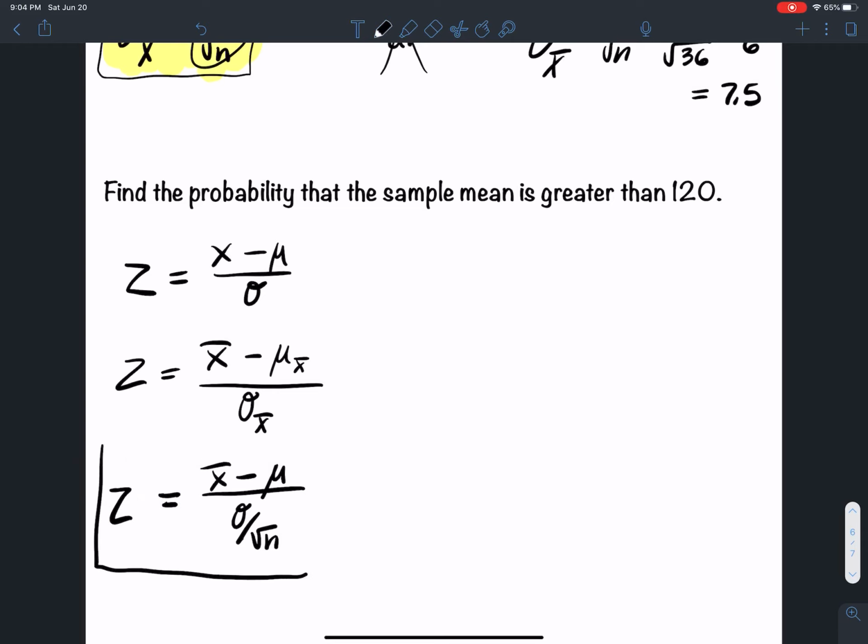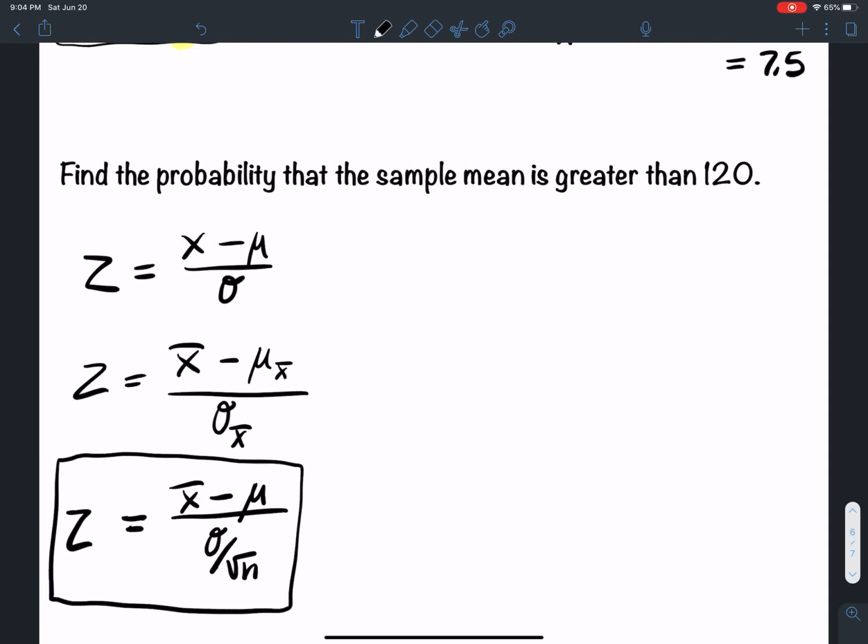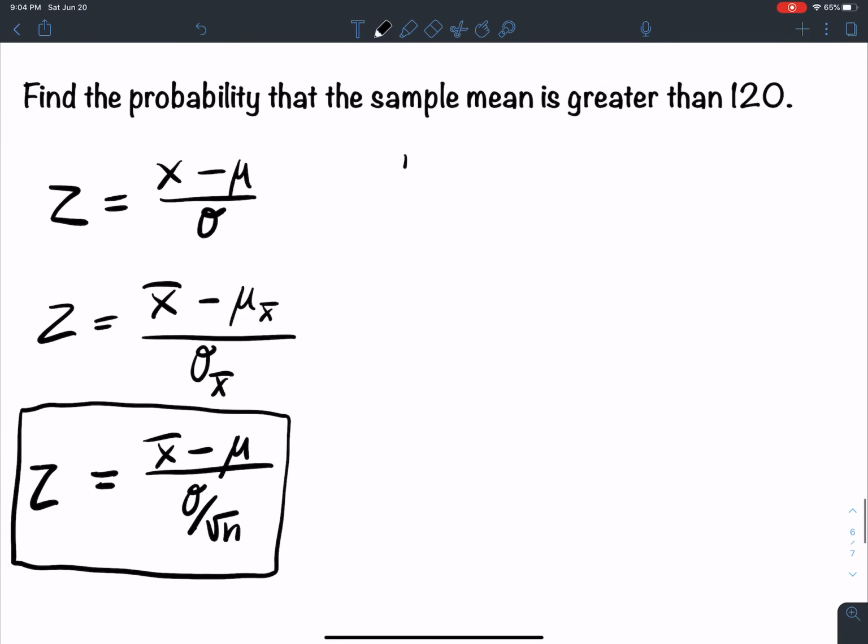So this is the formula we're going to use to find our probability. The probability that x bar, the sample mean, is greater than 120. How do we do this? I'm going to subtract the mean, so 120 minus the mean.